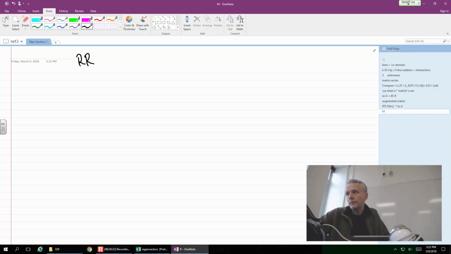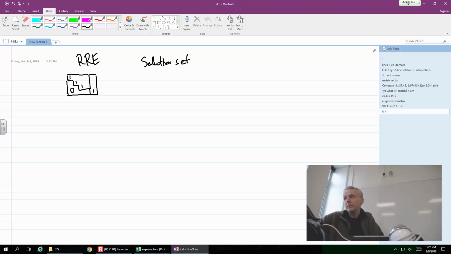Reduced row echelon form. So like 1, 1, 1. Okay, like this. How about this? As you can see, these are all zeros above; it doesn't matter what is there. So this is the reduced row echelon form on the left, and on the right I'll have the solution set. So what's the solution set here?